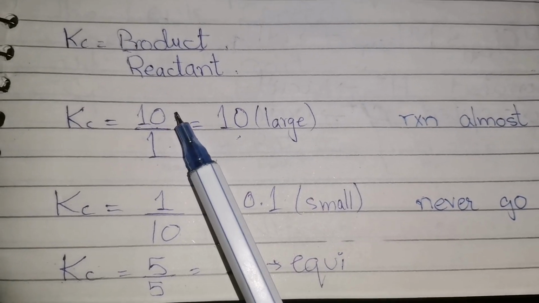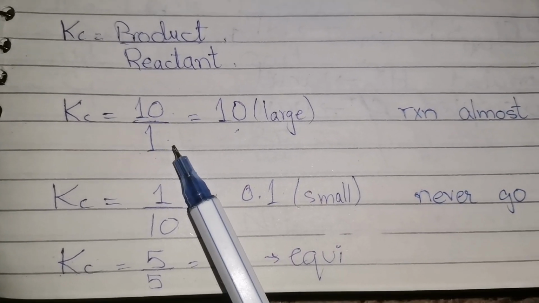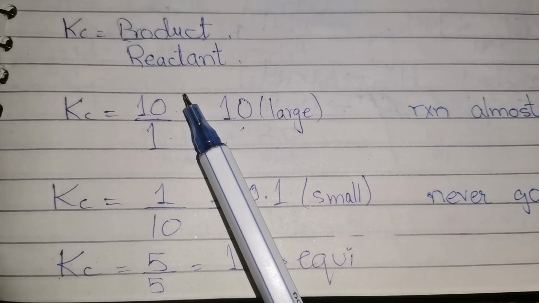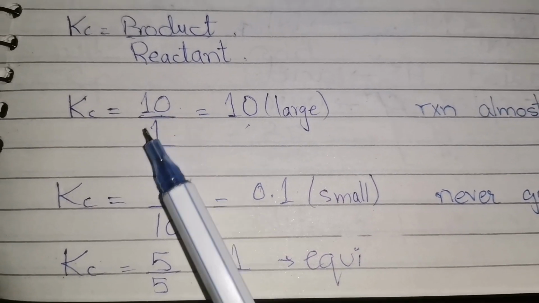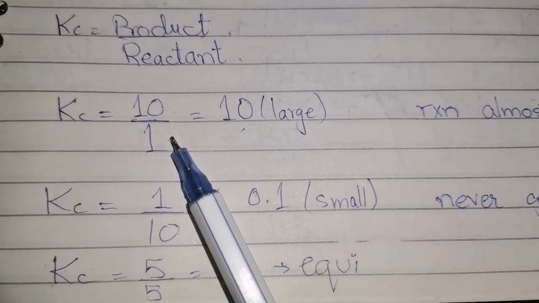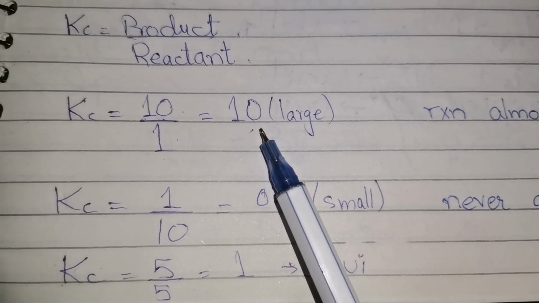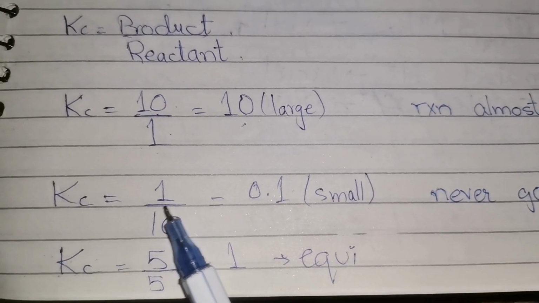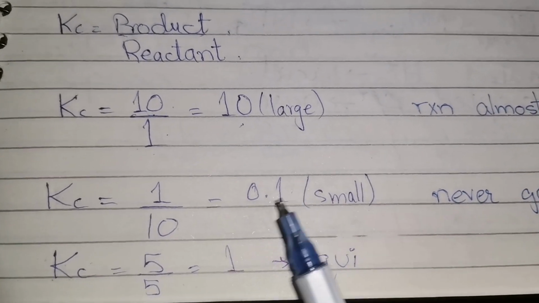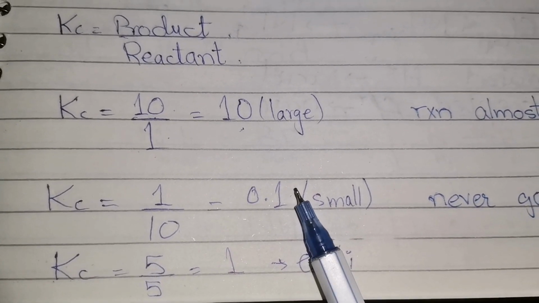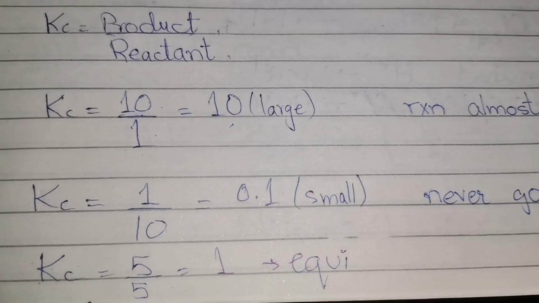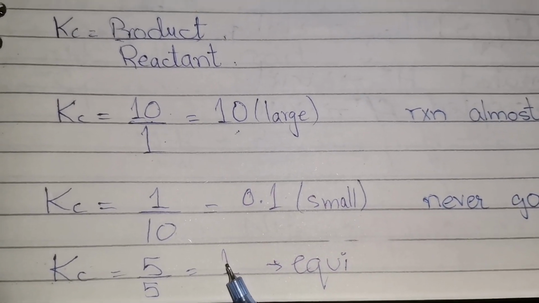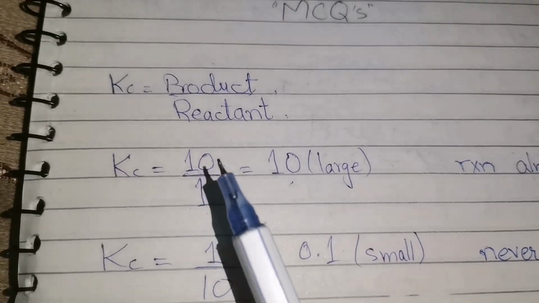Taking an example of 10 and 1, the product formed is 10 and the reactant is 1. When we divide it, we get an answer of 10. On the other hand, if the denominator is greater, we get a small value. And when they are both equal, we get an answer of 1.